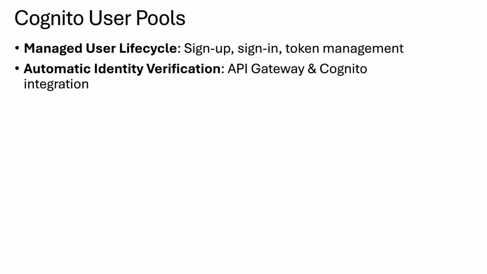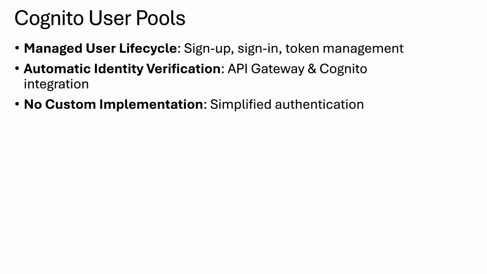When we hit the API Gateway with the token, API Gateway will directly go to the Cognito user pools and authenticate the user and provide authorization also. So you don't need to implement any custom authentication logic. If you send the token, you don't need to write any custom code.